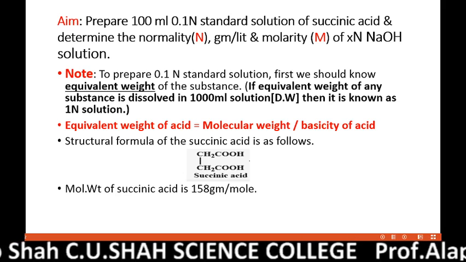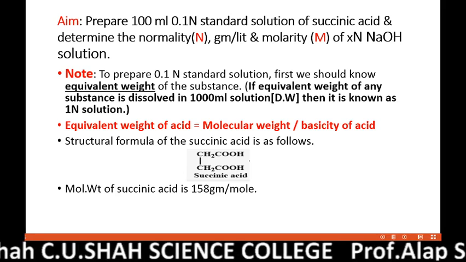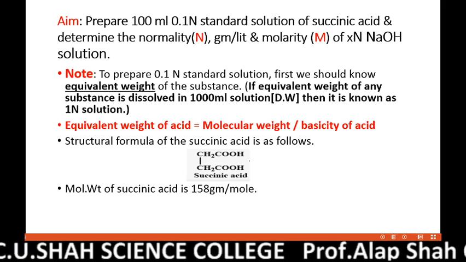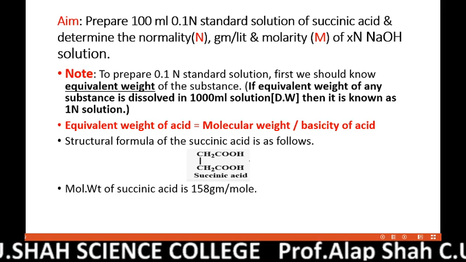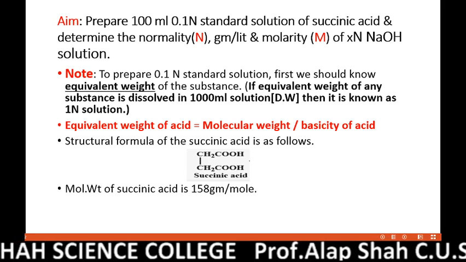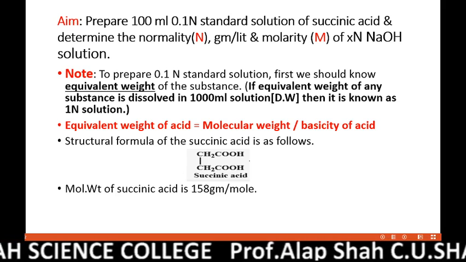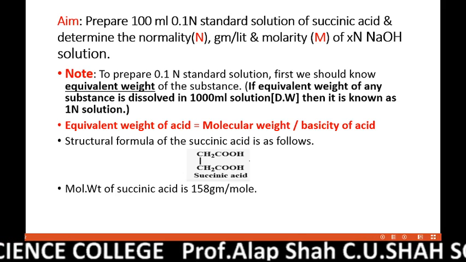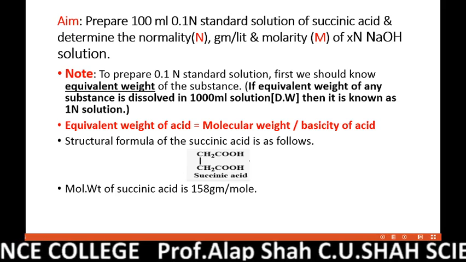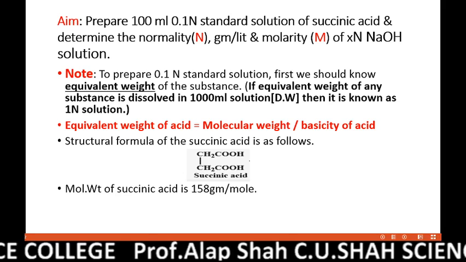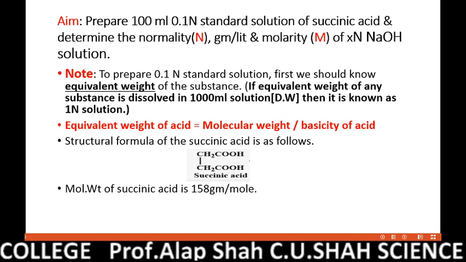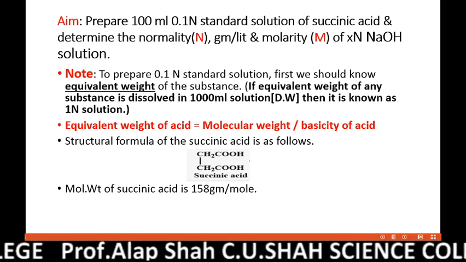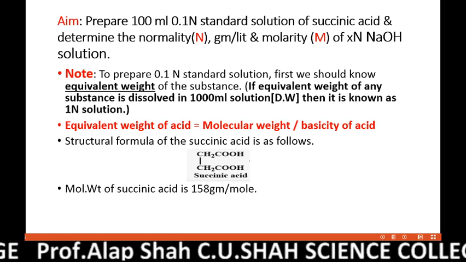But if you dissolve the equivalent weight of any substance into 1 liter solution, then it is called 1 normal solution. Right? Now, suppose NaOH. NaOH is the substance whose molecular weight is 40 gram per mole and its equivalent weight is also 40 gram per mole, 40 gram equivalent. So in its case, molar and normal solutions are both the same.